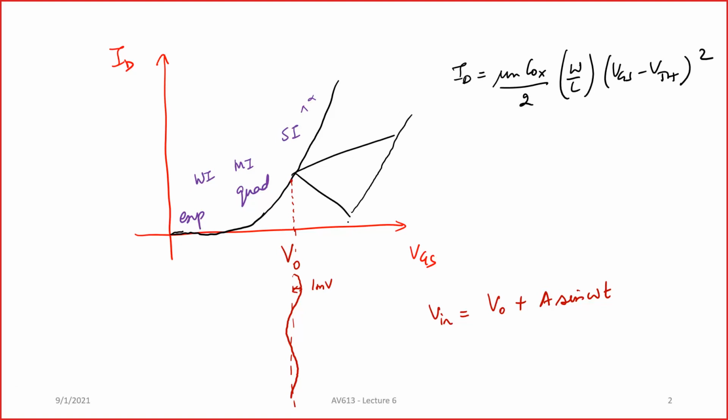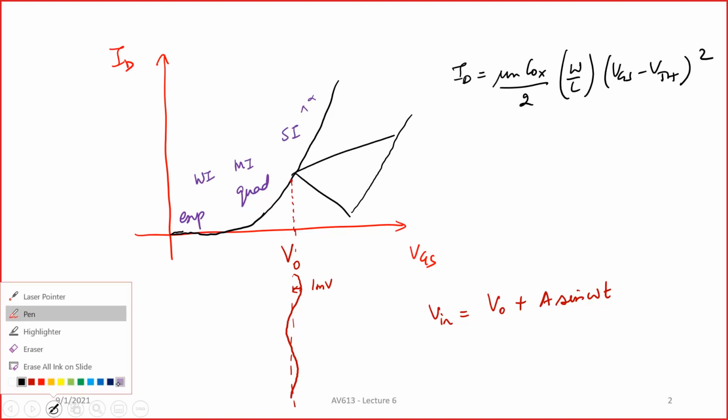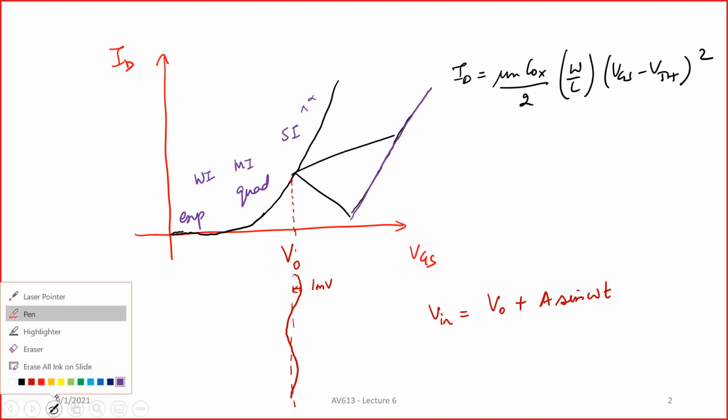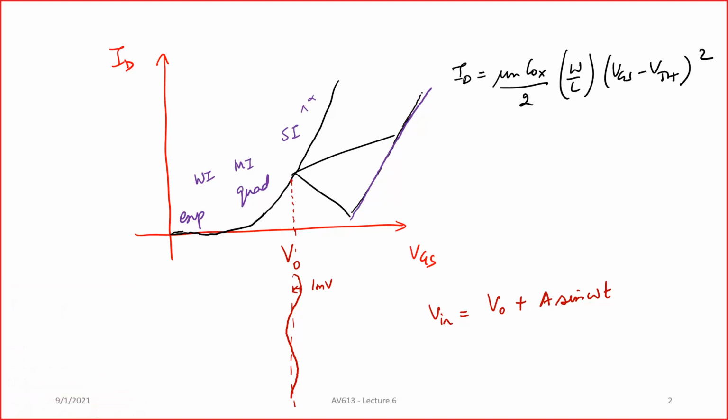You can draw a tangent to this particular thing. It just slightly curves and so on. So if you take that small region and blow it up, you can approximate it as a linear thing. You can draw a tangent, and this tangent has a certain slope.